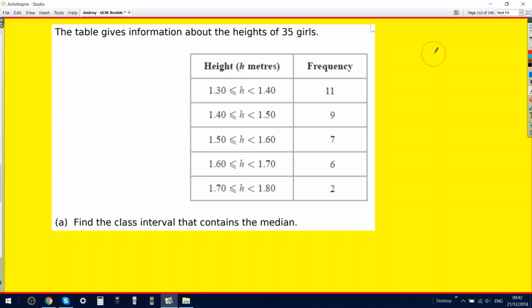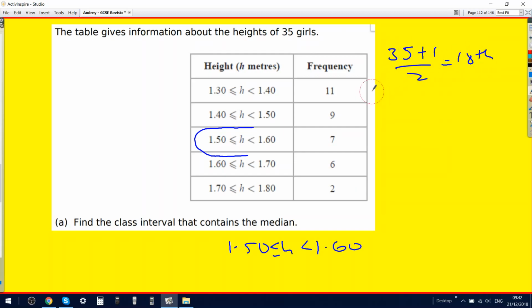Is it 1.5 to 1.6? 1.5. So let me just... 1.6. Oh, so it's 35 people. 35 plus 1 over 2 is the 18th person. They're not in there. What would be cumulative frequency for this one?